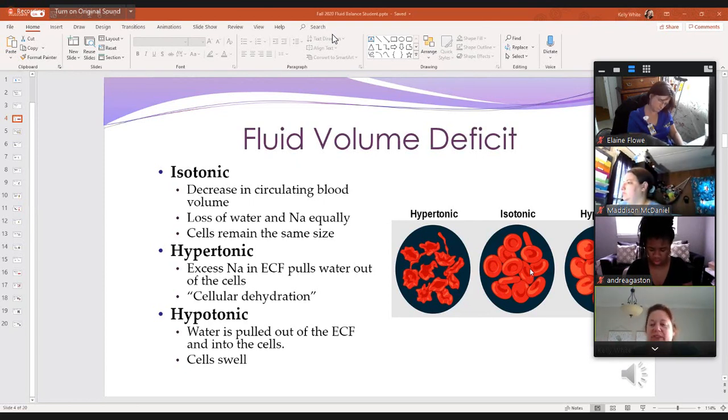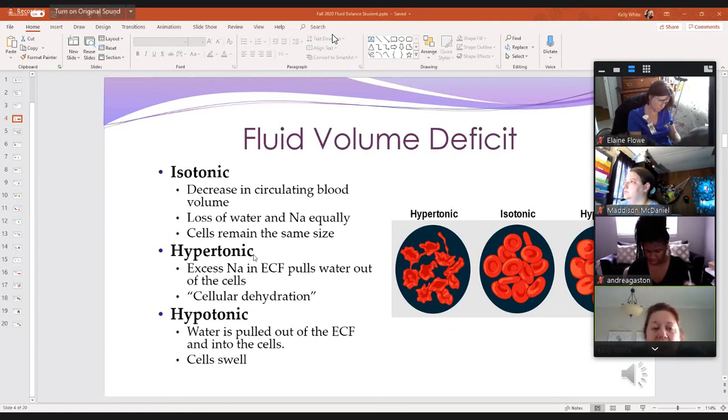It's all leaving you at the same time. Okay, so that's why your cells are going to stay the same. And you're going to see that that's your typical dehydration when you think of it. If you've had diarrhea for a couple days, you've been throwing up for a couple days, or if you have like a trauma or a massive hemorrhage, you're losing everything all at once, okay?